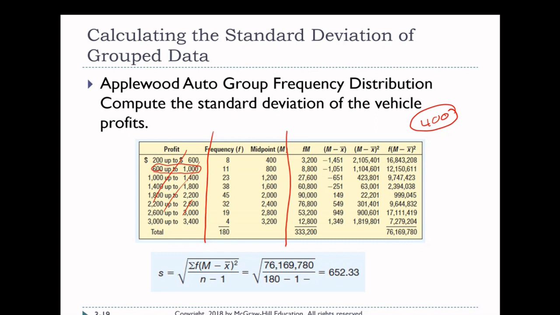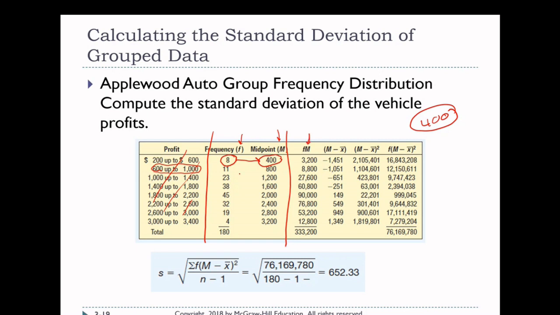Then I multiply frequency by midpoint. Just look here: the notation is f for frequency and m for midpoint. Now I need to multiply f times m.